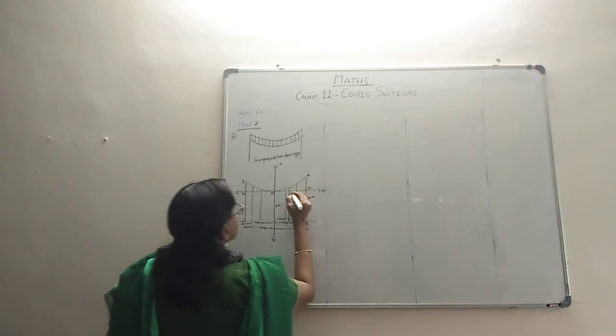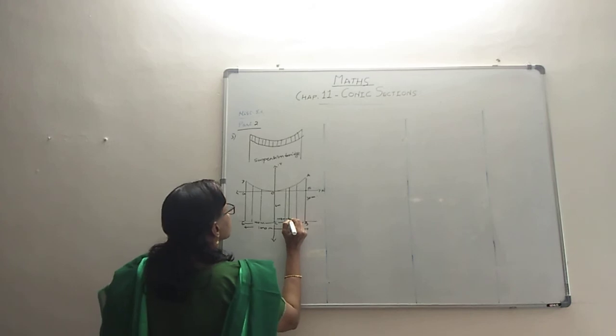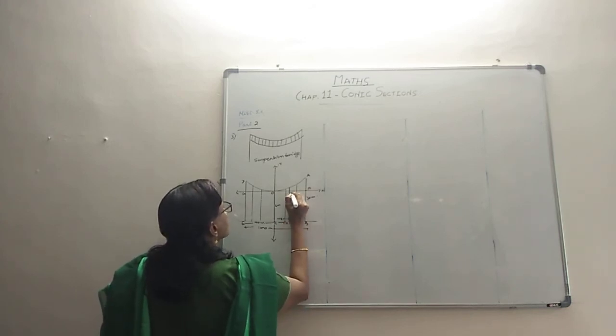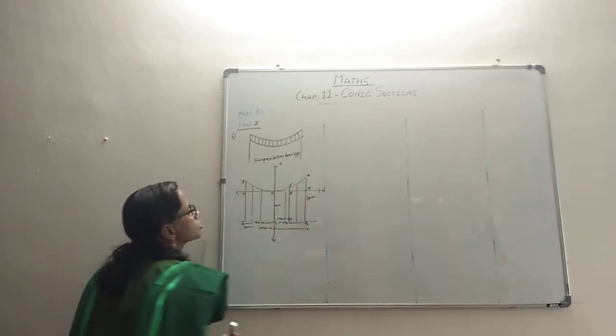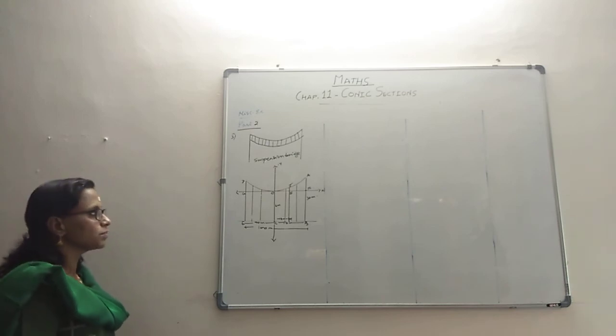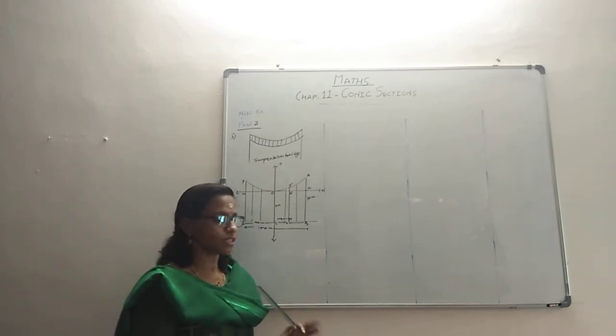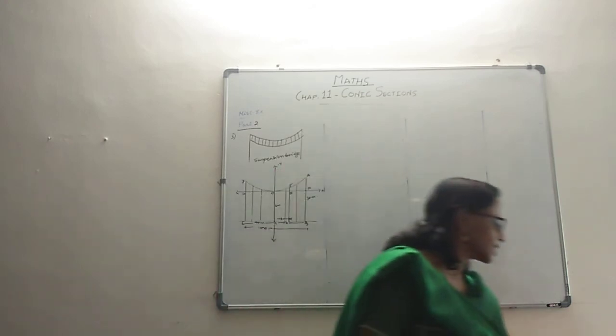You have to find out its length. F, G, H, I, and J. So you have to find out HJ. That's the question. So I hope it's clear to you. Once you've got the question, then you have to just work it out and get the answer.